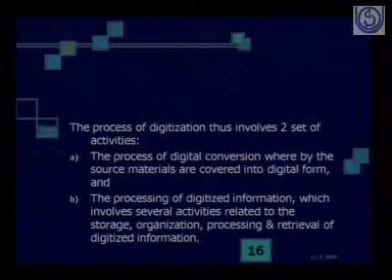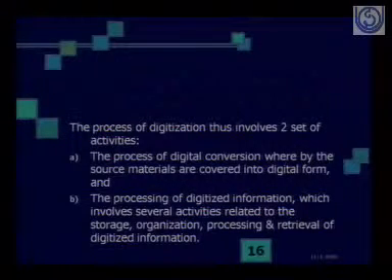The process of digitization thus involves two sets of activities. Firstly, the process of digital conversion, whereby the source materials are converted into digital form, and secondly, the process of digitized information, which involves several activities related to the storage, organization, processing and retrieval of digitized information.